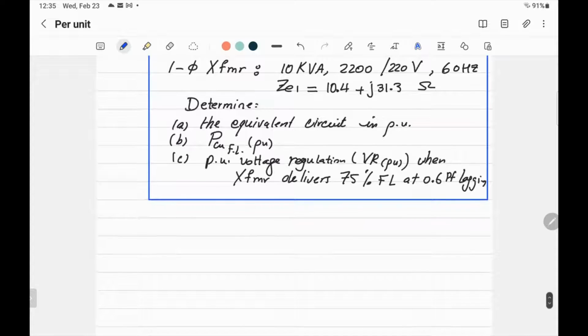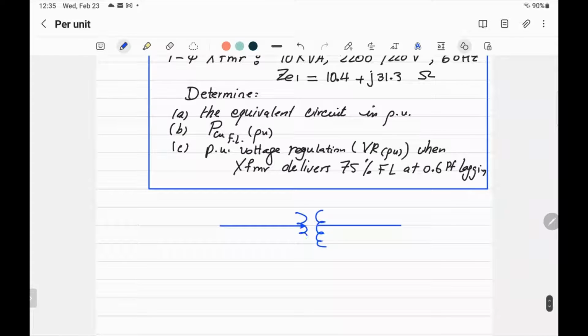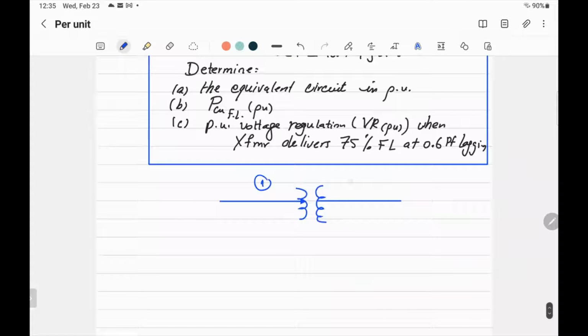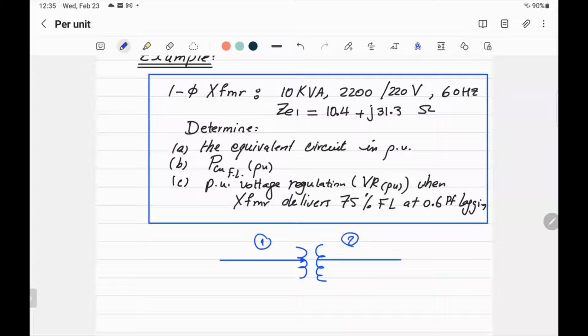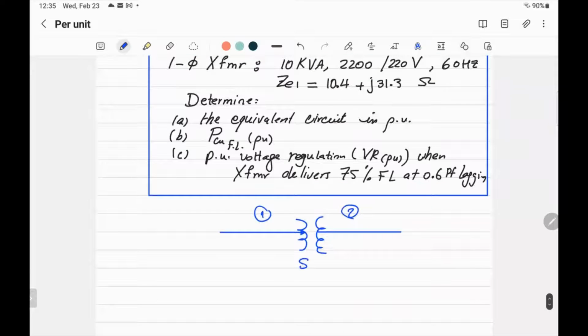Since you have the transformer, you've got two sides. So I'd like to just sketch the transformer like that, and I put each value on both sides. This is side one, and that's side two. Of course, S is the same for both.